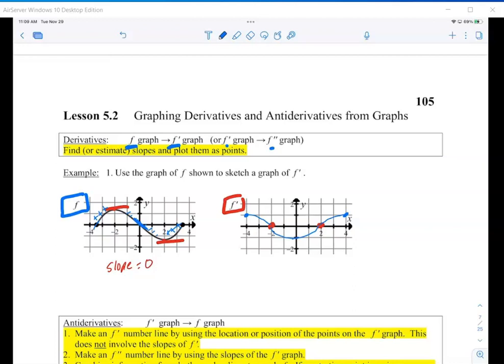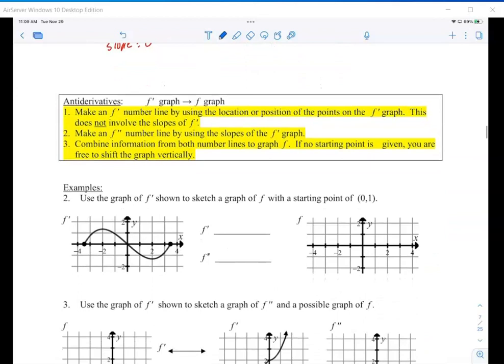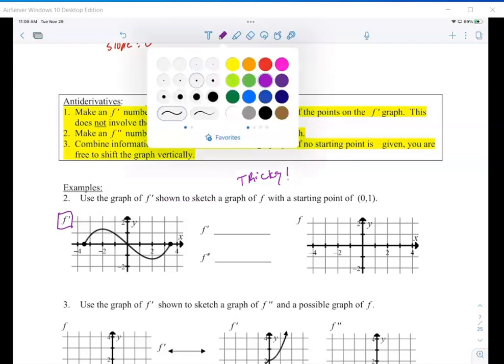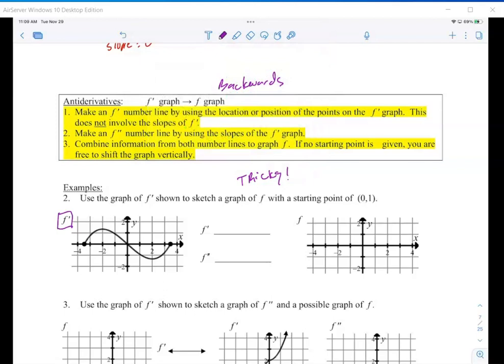Okay, this is where it gets a lot trickier, because now we're going backwards from f prime to f. This is tricky stuff, because we're going backwards, all right? And you guys, I do not want you to ever do one of these questions without making a sine line graph.